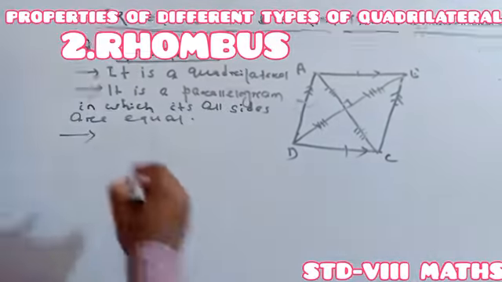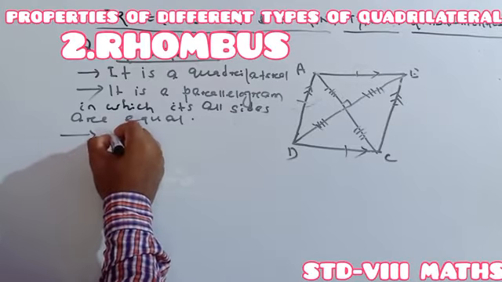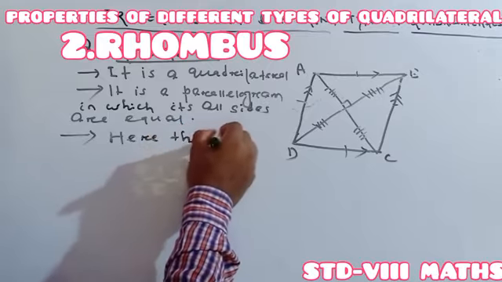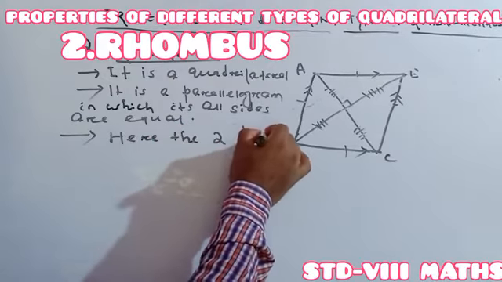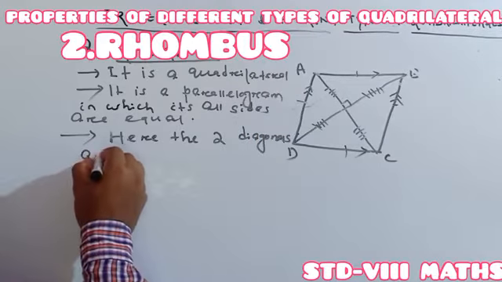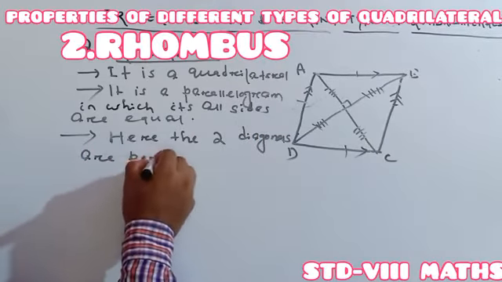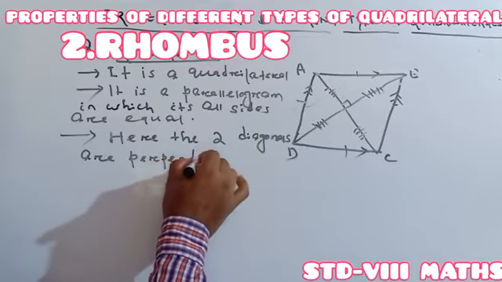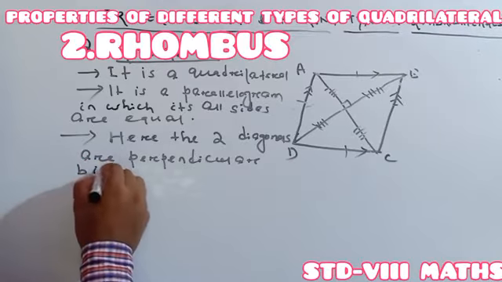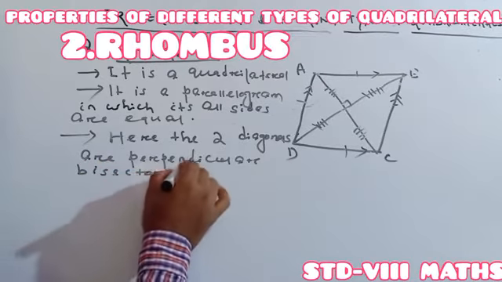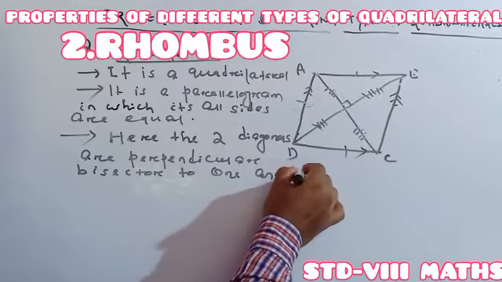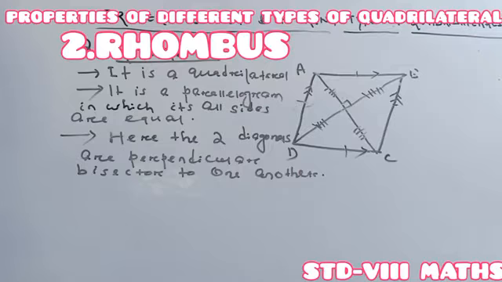So here I am writing: here the two diagonals are perpendicular bisector to one another.